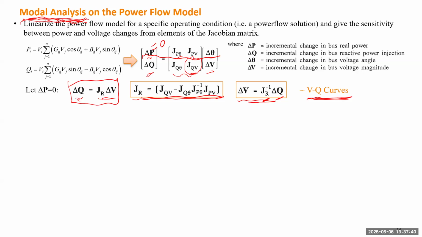Because if delta V and delta Q both have just one dimension, this is exactly the VQ curve. That JR will be the slope at the operating point, near the operating point, for the VQ curve. So this is just a generalized version for a set of VQ curves. So delta V, delta Q will include many buses of the system.